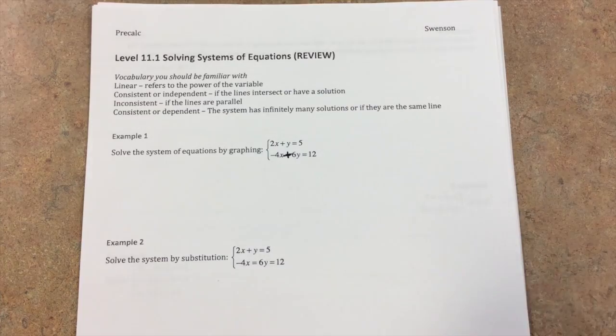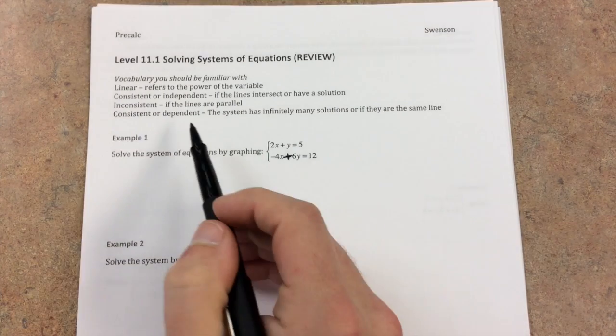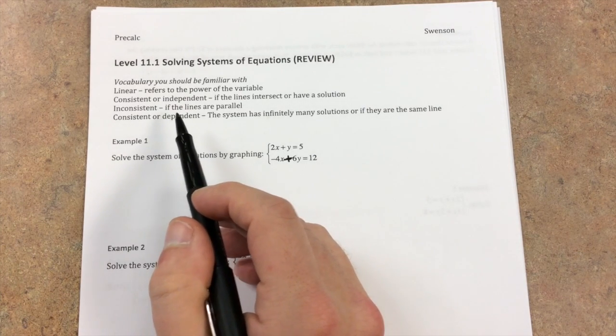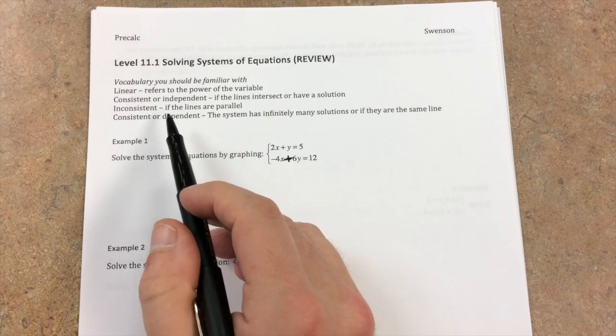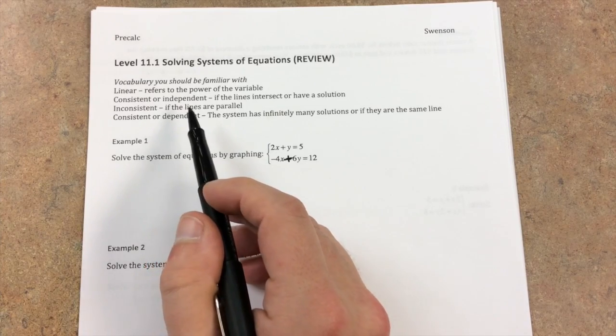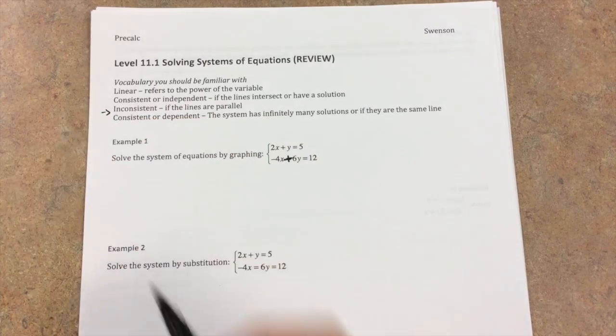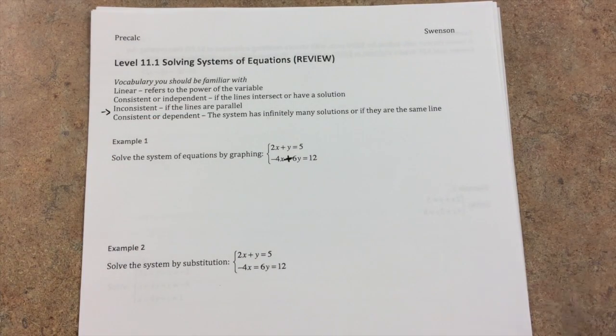If we have two linear equations, that means that the exponent is 1. Consistent or independent means that our lines intersect or have a solution. You can have a consistent solution that's the same line. We call those a dependent system. Inconsistent are systems that do not cross. Those are parallel, so inconsistent means parallel lines or no solution.